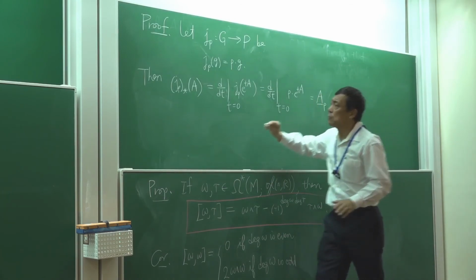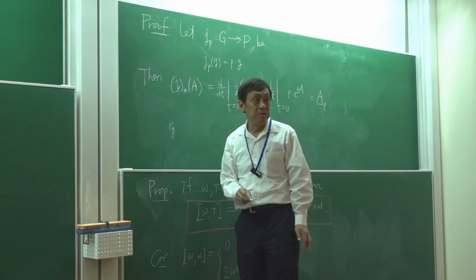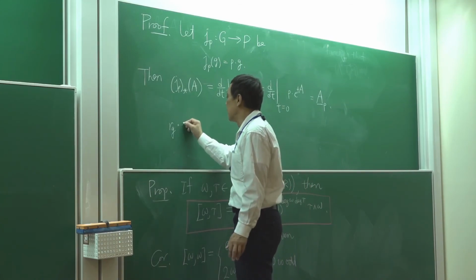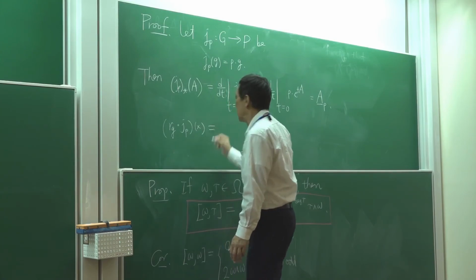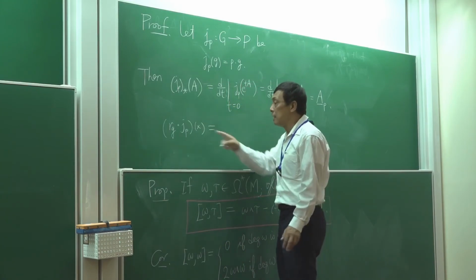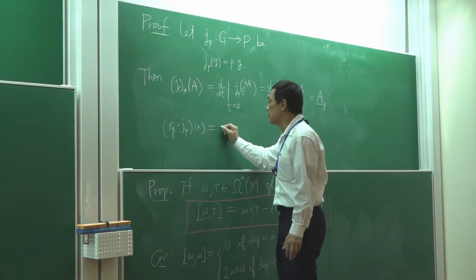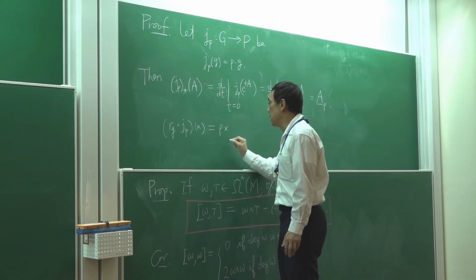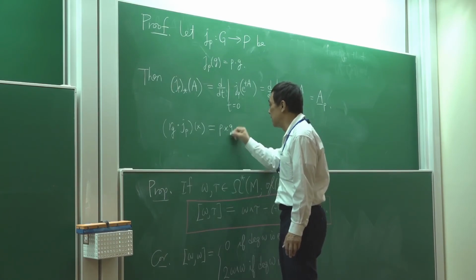Okay, now suppose we right translate by g, okay? So I first have p x, and then I right translate by g.